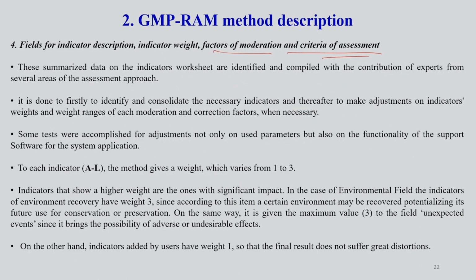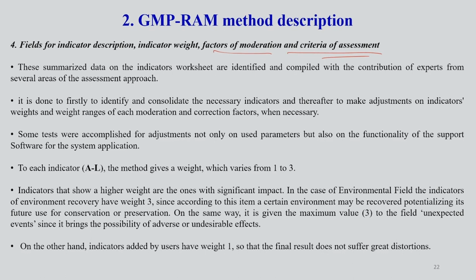In this particular step of the GMP RAM method of EIA, the summarized data of the indicators worksheet are identified and compiled with the contribution of experts from various areas of this particular assessment approach.